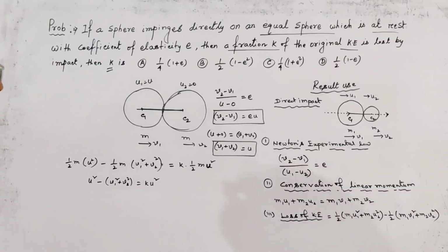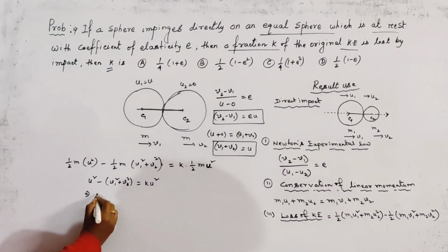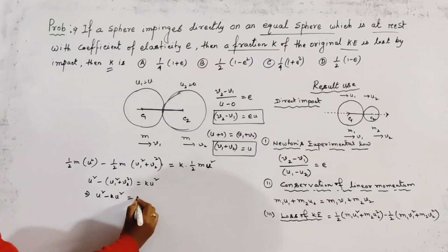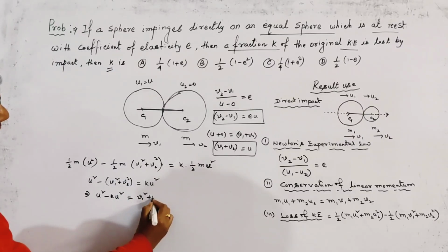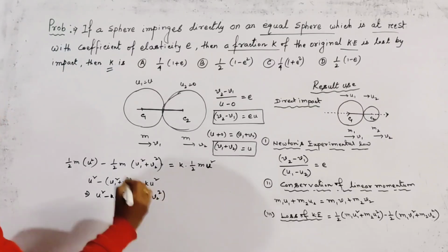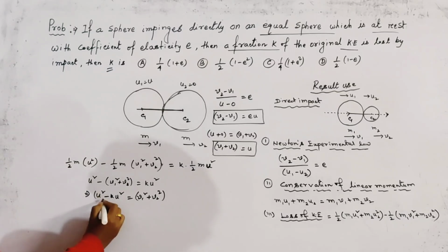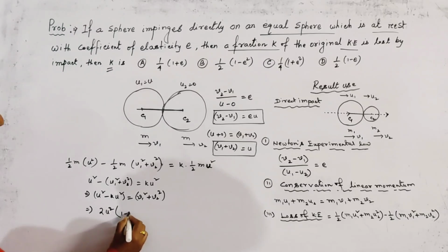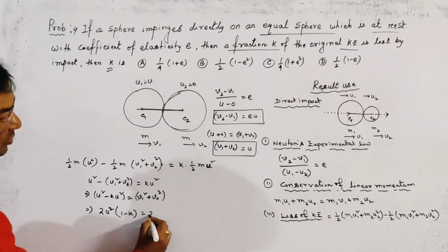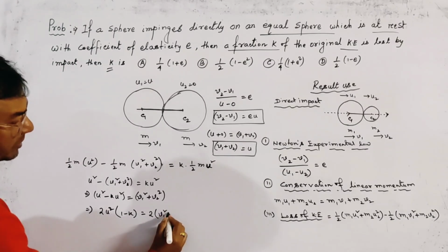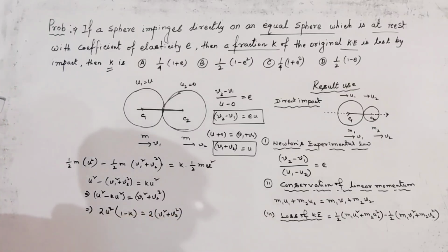From here we get u square minus k u square equal to v1 square plus v2 square, right? We multiply both sides by 2, that is 2 into u square into (1 minus k) equals 2 into (v1 square plus v2 square).